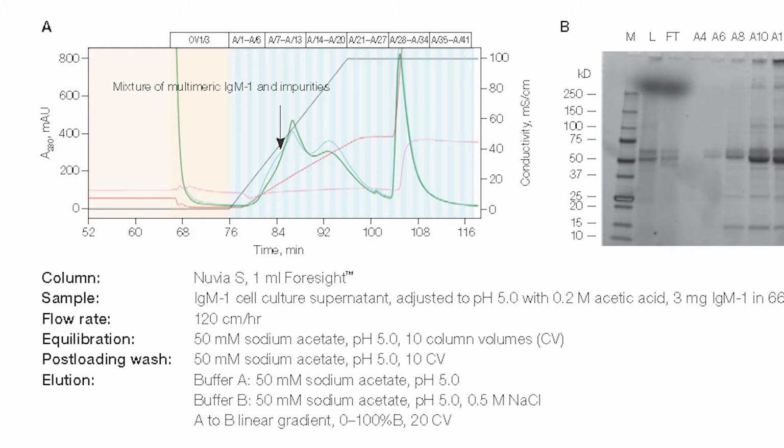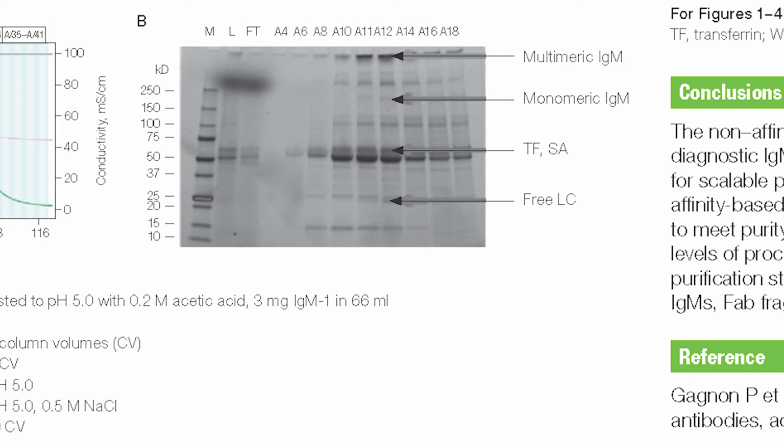So you have a lot of material in the flow through, and you get a peak maximum in the elution that is followed by a small shoulder, and the SDS page nicely shows that the peak maximum contains the multimeric IgM in the top part of the SDS page lanes, but you also purify a lot of product and process related impurities, for example serum albumin and transferrin, which are between 50 and 70 kilodaltons in size.